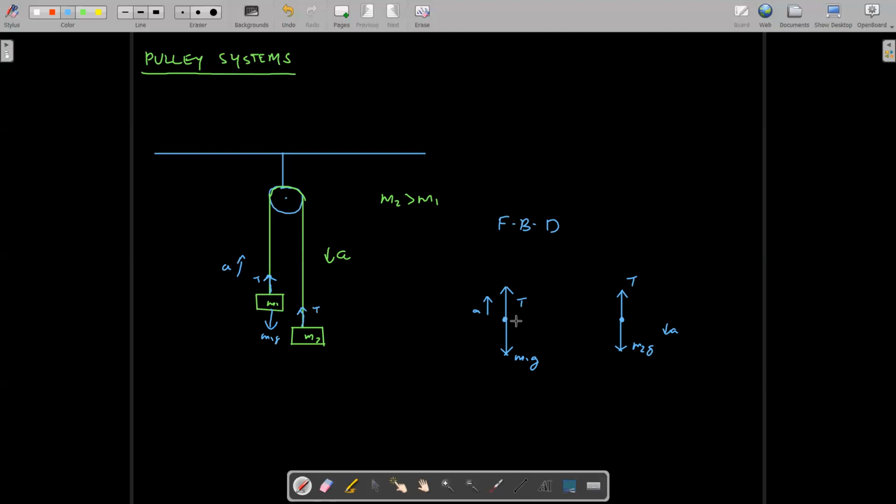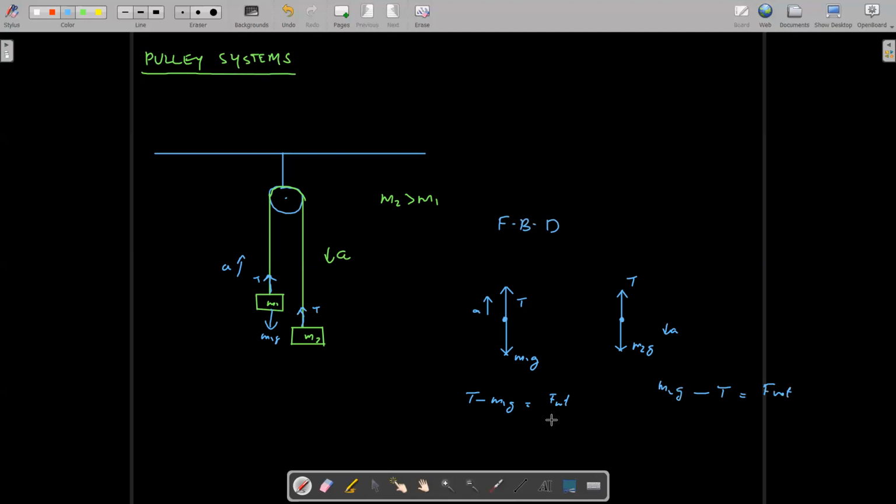So in the first case, when we find the net force, it will be T minus m1g. Whereas in this case we have m2g minus T as the net force.